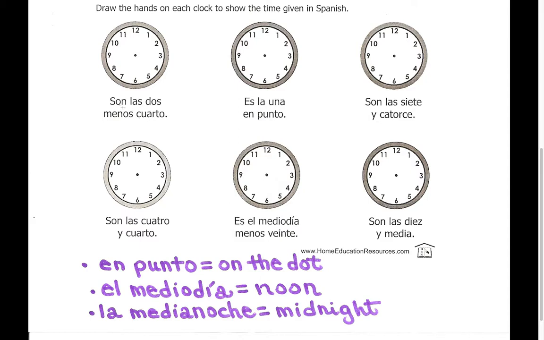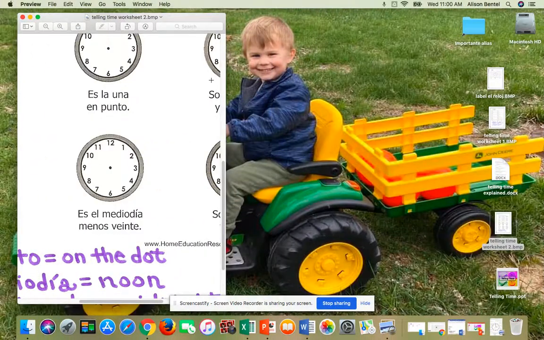Muy bien, it would be it is a quarter until 2 o'clock or 1:45. So you would draw your shorter hour hand almost to las 2, and you would draw your longer minute hand to that quarter until. This also practices with el mediodía, noon, and la medianoche, which from the previous worksheet we now know means midnight.